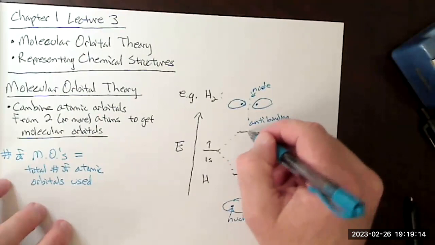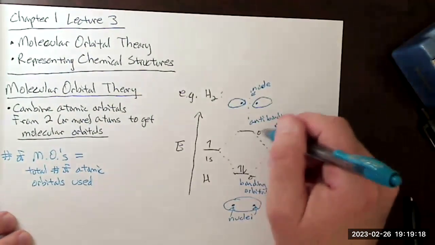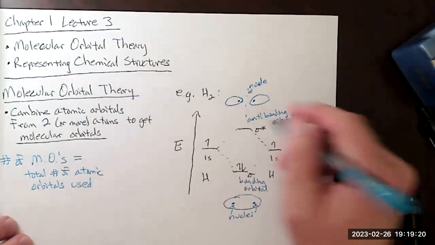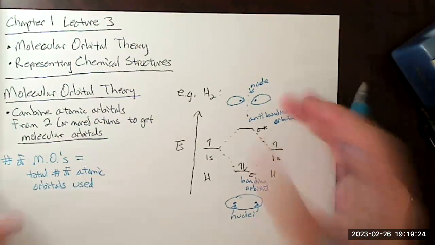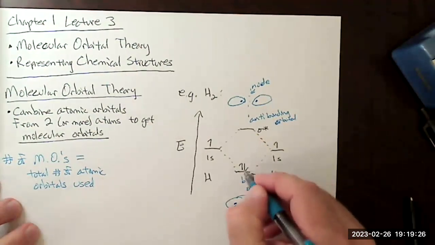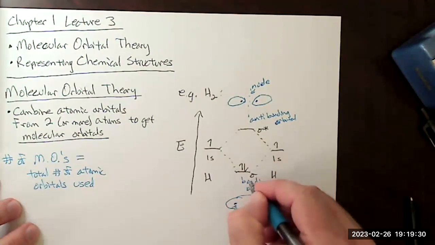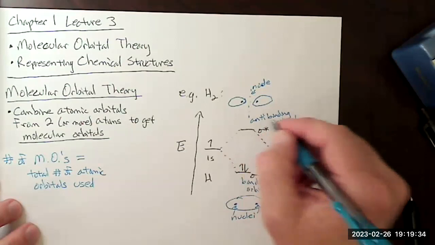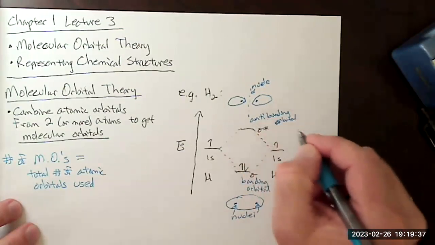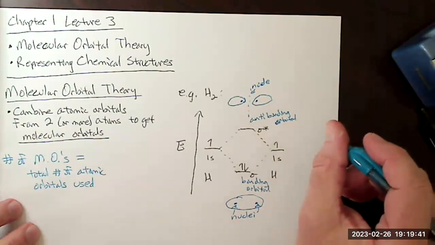So any electrons in an antibonding orbital would contribute to the instability of a molecule. Maybe it's better to say electrons in bonding orbitals contribute to the stability of a molecule. Electrons in anti-bonding orbitals do not contribute to the stability of the molecule.